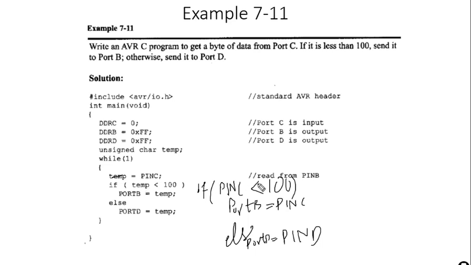If you do it this way, in the single if statement the value of pin C is read into a register and compared, and when you assign port B equal to pin C, you read pin C one more time. So here you read pin C twice on each iteration: once for comparing its value to 100, and again when you transfer it to port B.